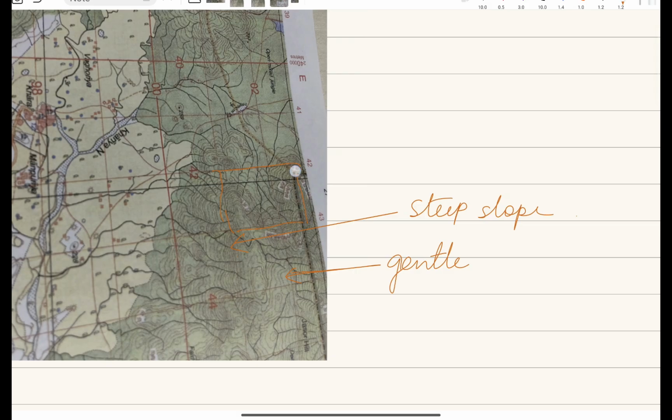The slope is steep, because contour lines are closely spaced. Whereas in this grid, if you are asked, the slope is gentle because the contour lines are far away from each other.